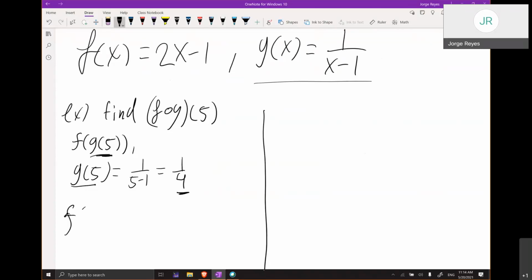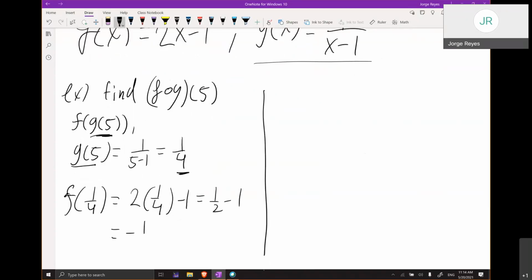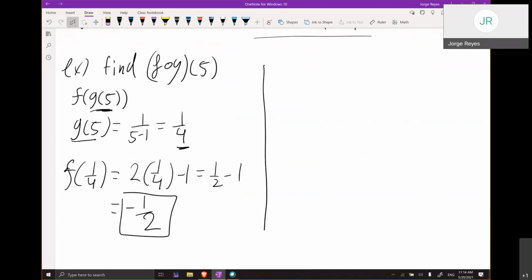So you plug in 1/4 into f: 2 times 1/4 minus 1, which is 1/2 minus 1, which is negative 1/2. Ta-da! And you get the answer. So f of g of 5 is equal to negative 1/2.